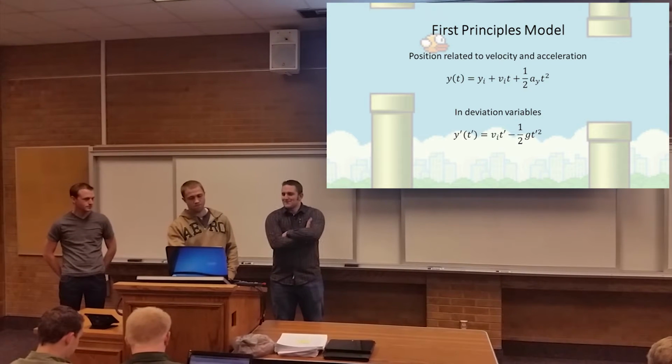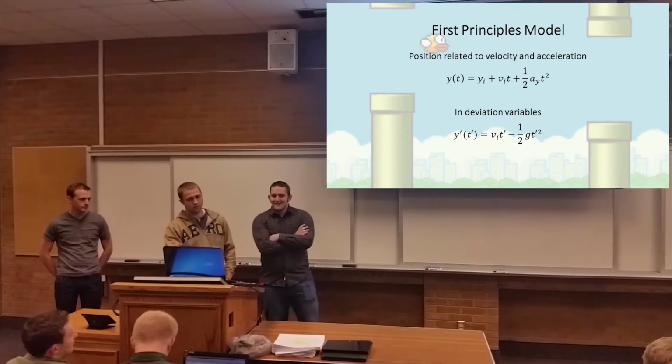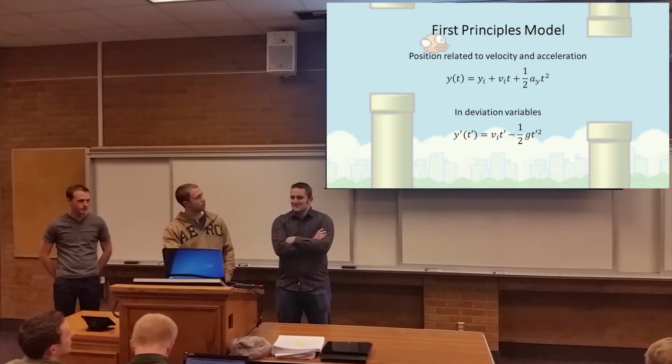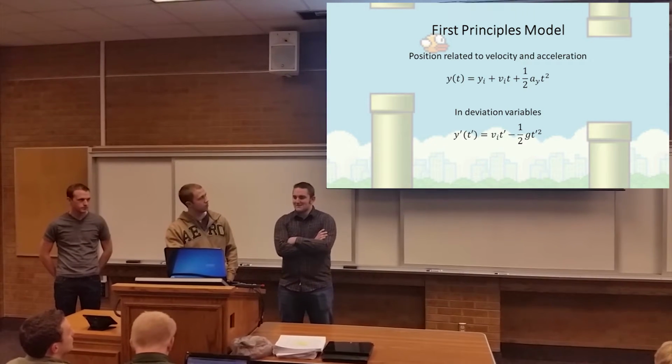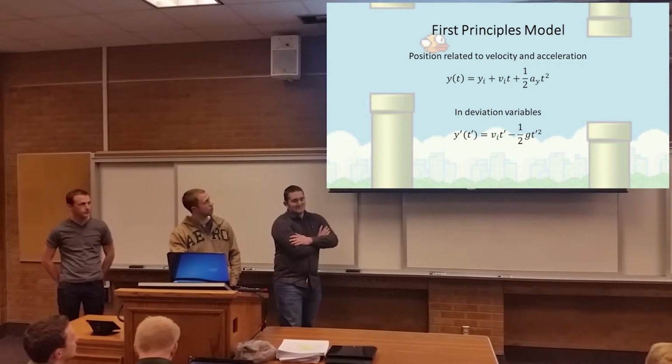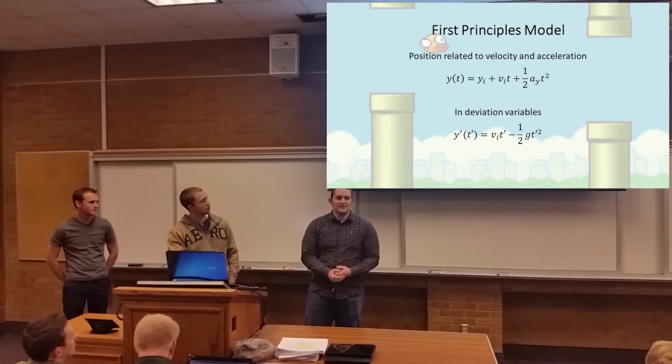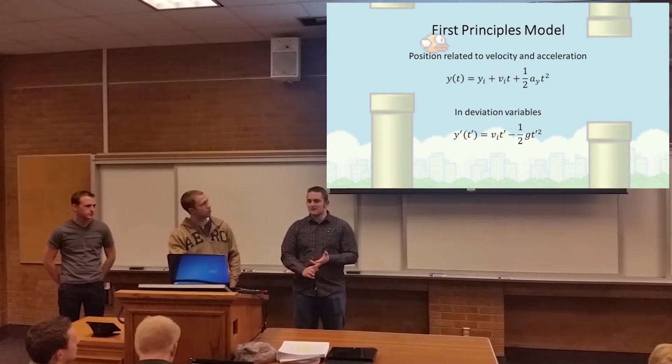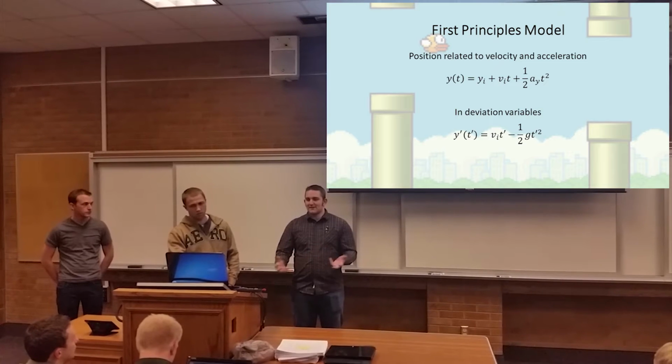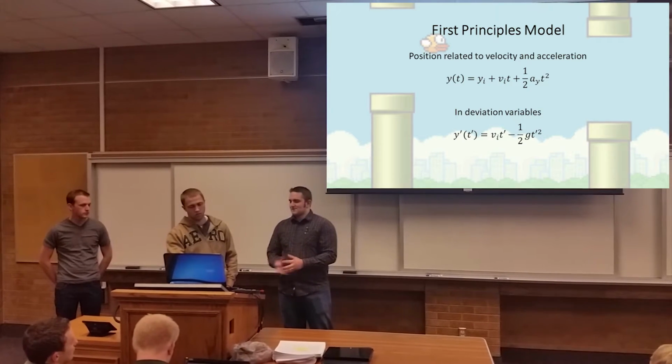So we went through a first principles model, and we verified this is actually the same physics equation that the game uses. So this simple physics equation relates position to an initial position, initial velocity, an acceleration term, and time.